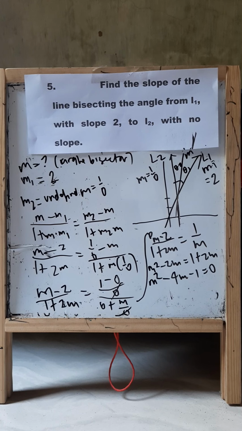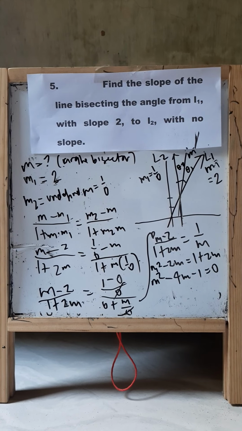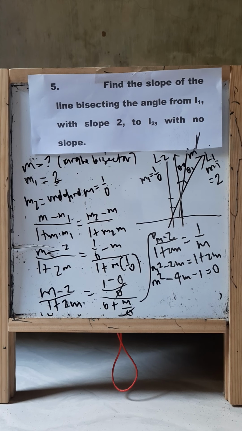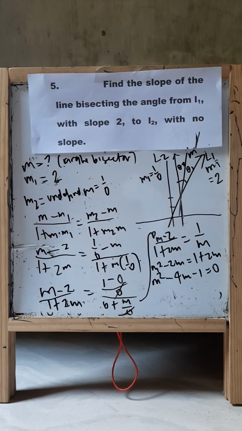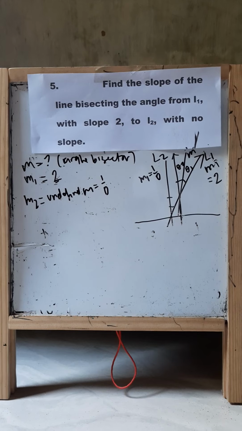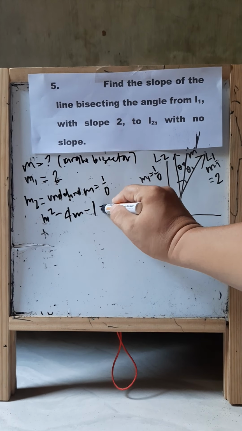Okay, so this is a quadratic equation which we cannot solve by factoring. So we're going to solve for it by quadratic formula. Okay, let us now erase this part. Alright, so are you ready? m squared minus 4m minus 1 equals 0.